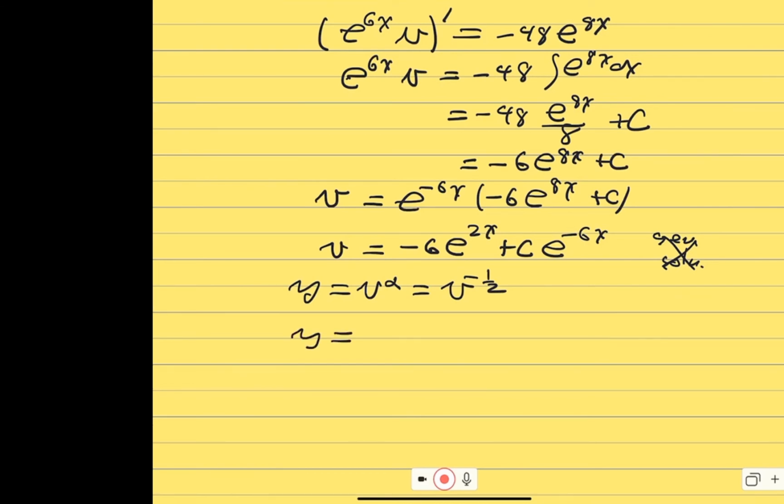So the minus 1/2 is going to say that this is 1 over the square root of minus 6e to the 2x plus c e to the minus 6x. Let me write that a little more readably.